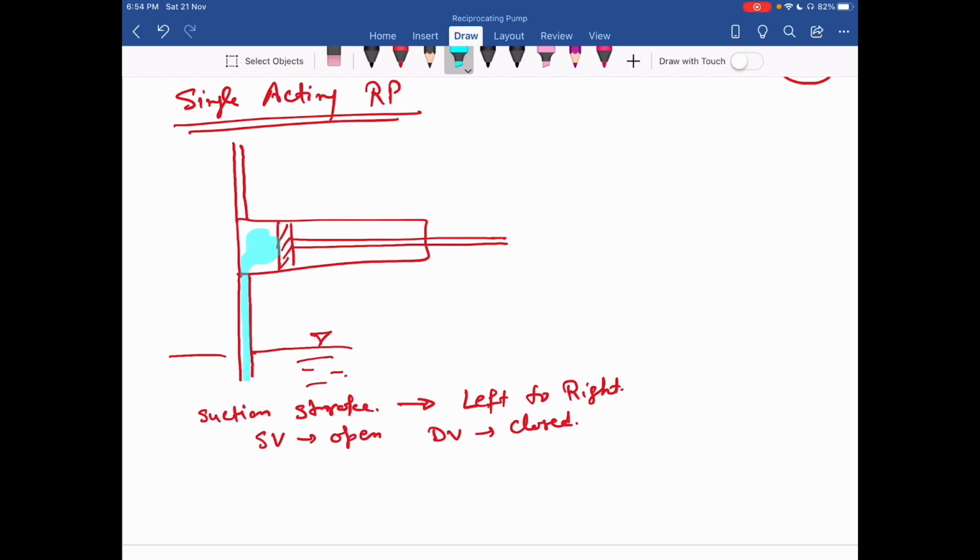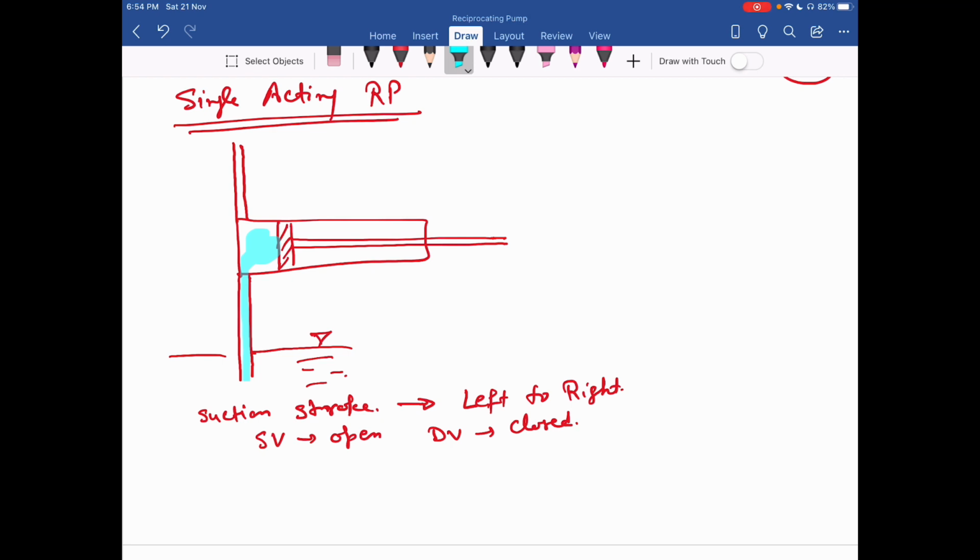Now this water comes from sump to the cylinder only when the pressure generated inside the cylinder is less than the atmospheric pressure. So pressure during suction stroke is lesser than the atmospheric pressure, and that is by an amount HS meter of water.